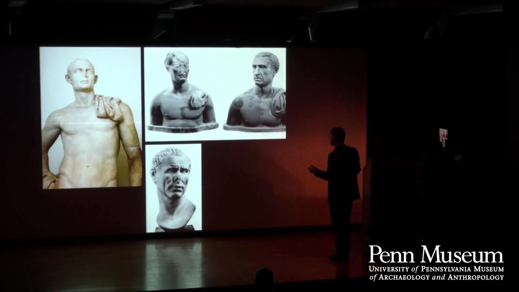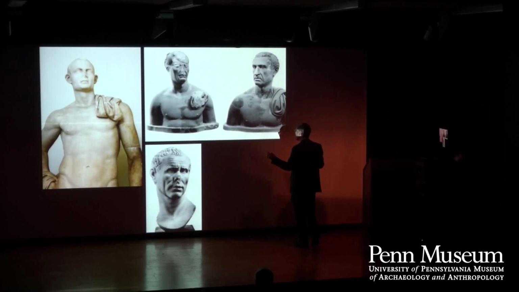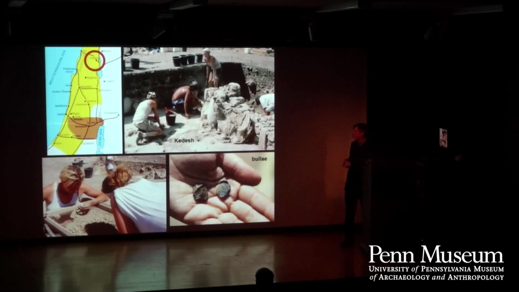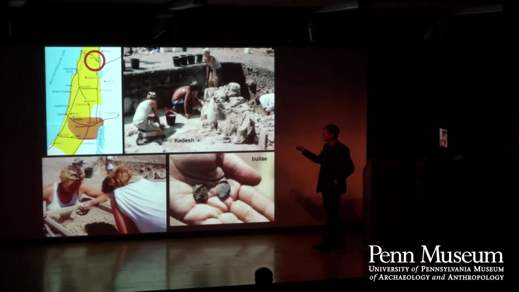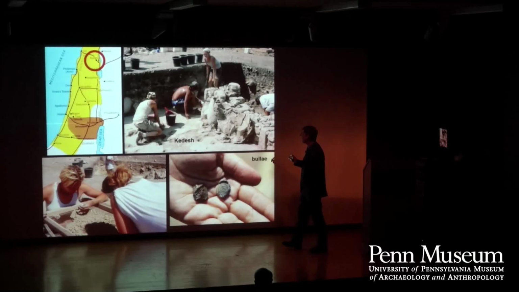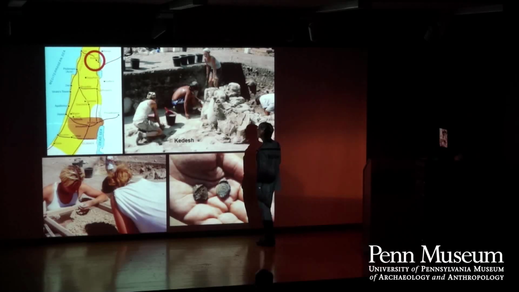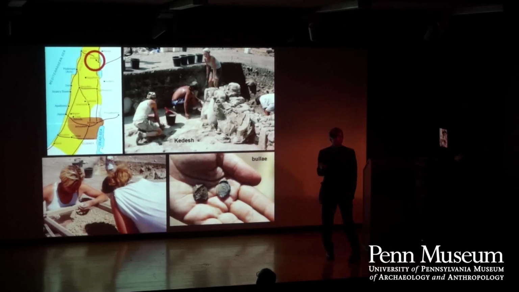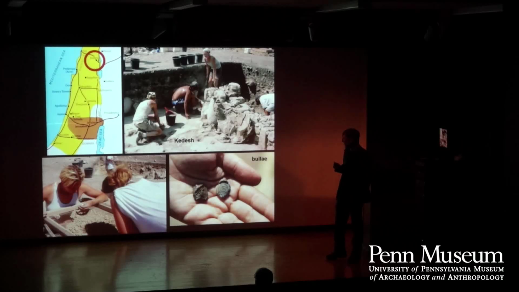Again, we've always speculated that it must have started earlier than that point, but how early was something that we could never determine until the excavations at Kedesh, which you see here in northern Israel, an excavation that has been conducted under the auspices of the universities of Minnesota and Michigan, specifically Professor Sharon Herbert and Andrea Berlin.